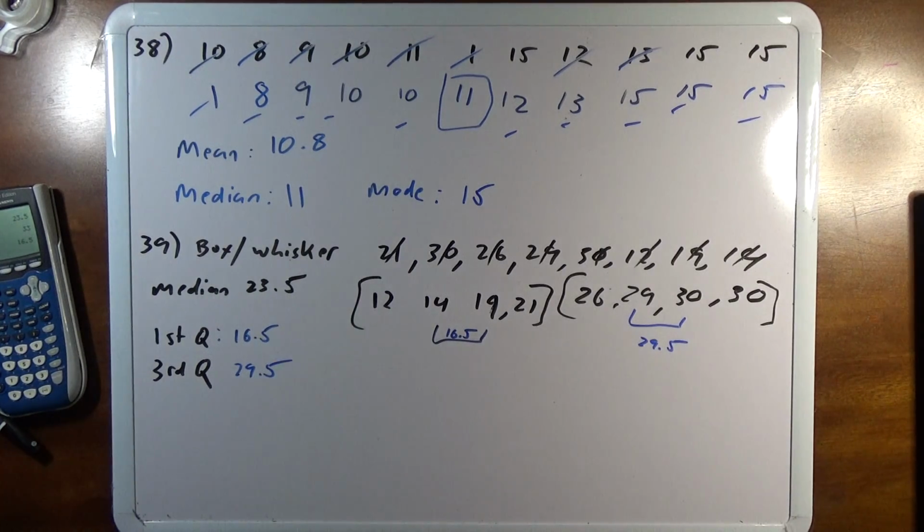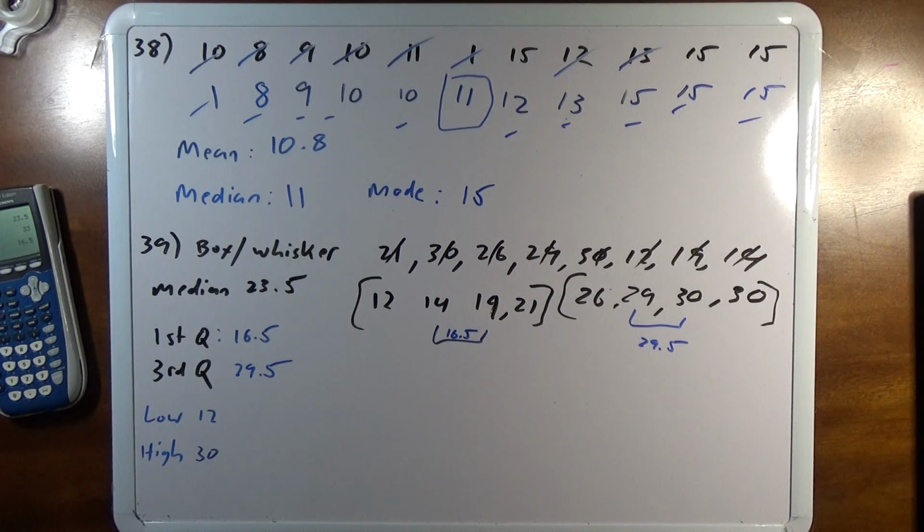Alright, so what else shows up on a box and whisker? I need the lowest and the highest. So my lowest is 12. My highest is 30.